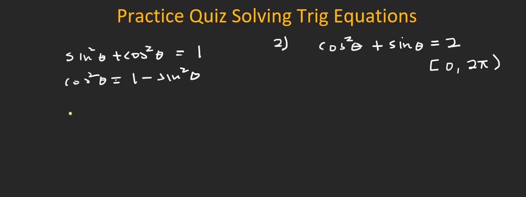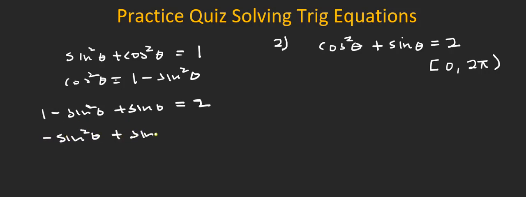So you're going to get, using substitution, 1 minus sine squared theta plus sine theta equals 2. And you get negative sine squared theta plus sine theta minus 1 equals 0. I don't like the negative in front of sine squared theta, so I'm going to multiply everything by a negative.